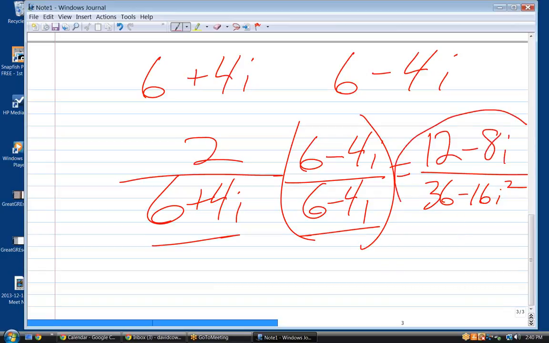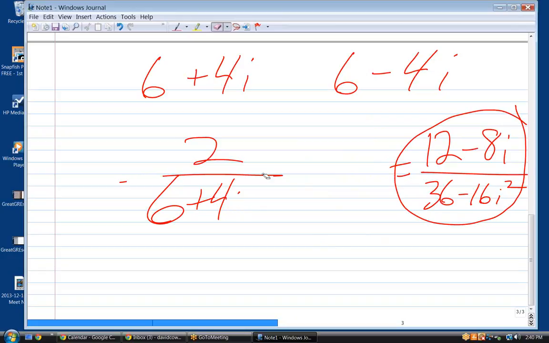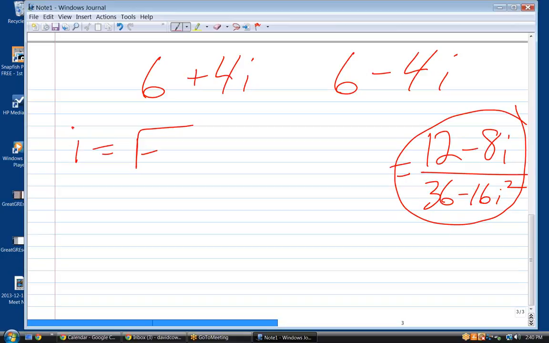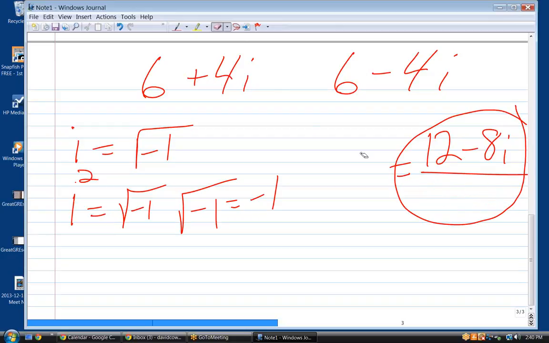Believe it or not, that got rid of the imaginary number in the denominator, because what is I squared equal to? If I equals square root of minus 1, then I squared equals square root of minus 1 times square root of minus 1, which is minus 1. So now I can substitute minus 1, and I get 36 minus a minus 16. This becomes 52.